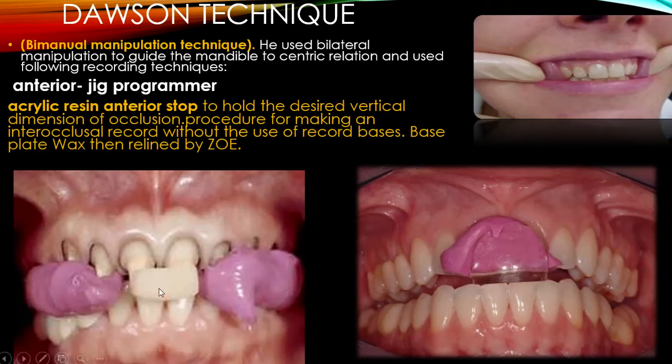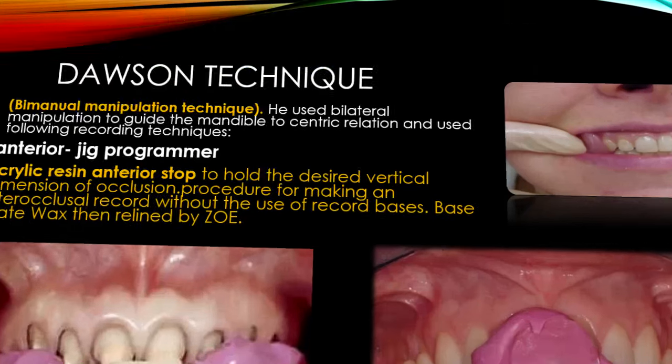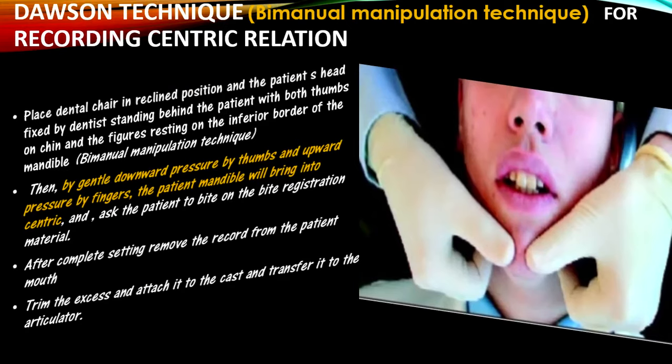The anterior jig is acrylic resin used as a stopper. Then the material is injected between the opposing dental arches, and after the patient closes in centric, we carry the relation to the patient's mouth. The procedure is placing the interocclusal record in position, then gentle downward pressure by thumb and upward pressure by finger.